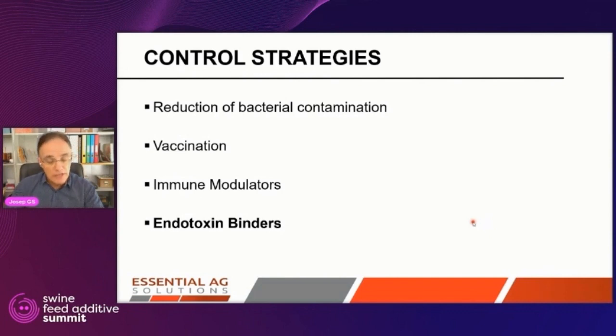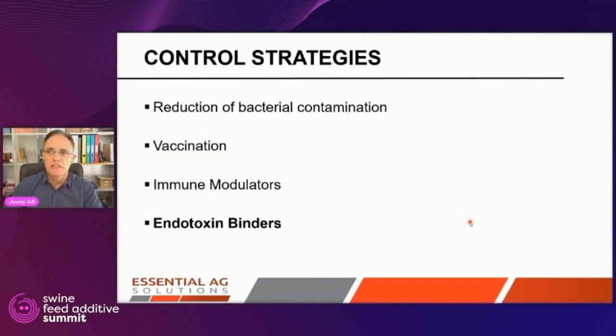And of course, lately, some products have been developed. In our case, with Protect 8+, we have tested the product with basically the same mechanism of action that we use to control mycotoxins. We use it as a binder, where the product is ingested by the animals. The main area where the gram-negative bacteria are present is in the gastrointestinal tract.